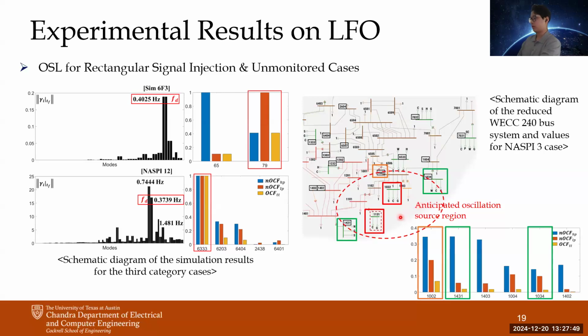And the actual oscillation source bus was bus 1131. So from this result, I think that although the proposed method cannot accurately find the source in this case because of the lack of measurements, we can still infer quite an accurate candidate of the oscillation source and provide this information to the system operators.